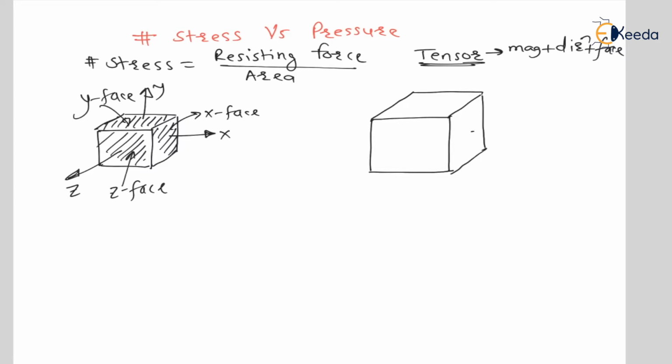Now see, for this x face, this is normal, therefore sigma on x face in x direction. The first letter is for the face on which it is acting, and the second letter is the direction along which it is acting. Again, here this is sigma on y face in y direction. Again, this is also normal, sigma on z face in z direction.